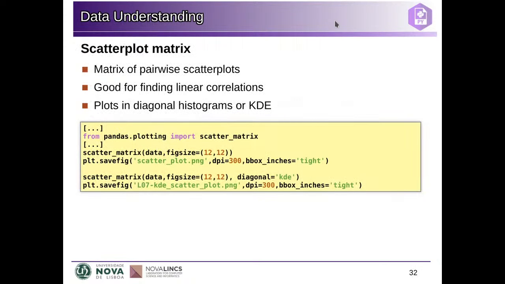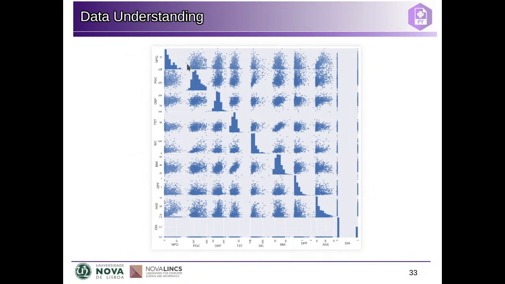Another kind of plot that is easy to do is the scatter plot matrix, that allows you to find correlations between different columns in your tables. So what you do is basically you can import from the plotting module in Pandas. You have this scatter matrix function, and you can just give your data to the scatter matrix function, and it will show you the scatter plots of combinations of features.